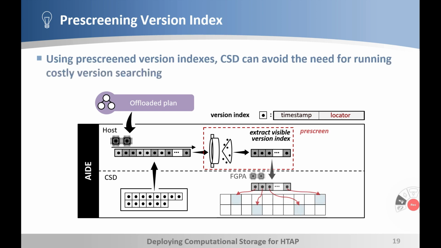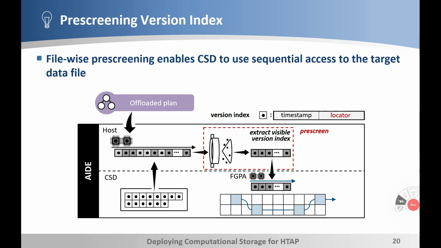And pre-screened version indexes are passed to CSD because they include visible versions only. CSD can avoid costly version searching. Also, file-wise screening enables CSD to use sequential access to the target data file.